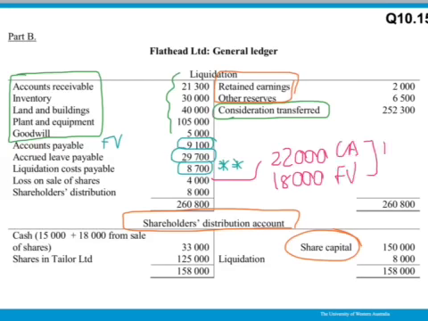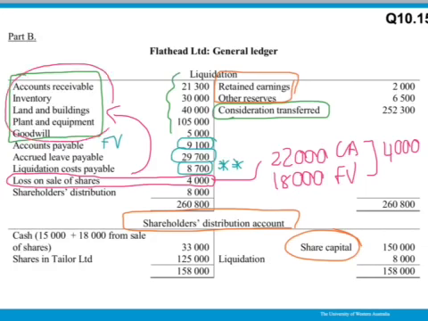So therefore you can see that they've suffered a loss of $4,000 on this asset, and that has to be recorded in our liquidation account because that affects what is available for distribution to the shareholders. Now, this is done separately from the other assets, the reason being just that it's realized separately, where these assets were basically sold as a unit to Taylor when they purchased the operations of the company.